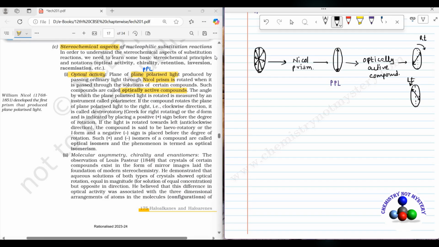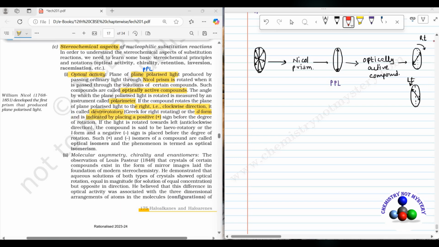The angle by which plane polarized light is rotated is measured by an instrument called polarimeter. If the compound rotates the plane polarized light to the right or clockwise direction, it is called dextrorotatory, the Greek word for the right rotation, or the D sign. And it is indicated by placing positive sign before the degree of rotation.